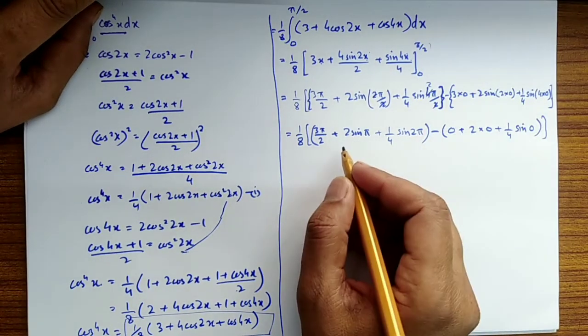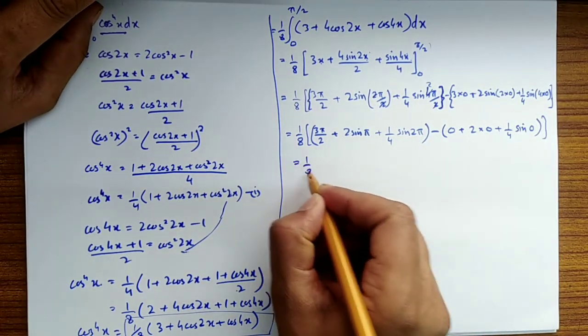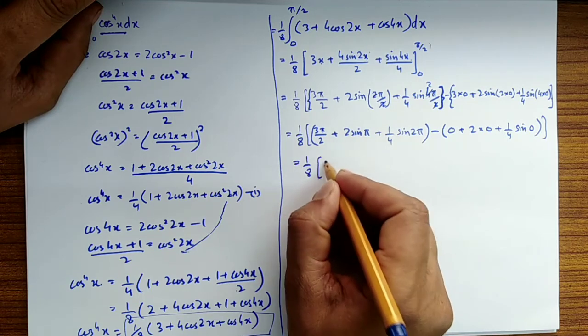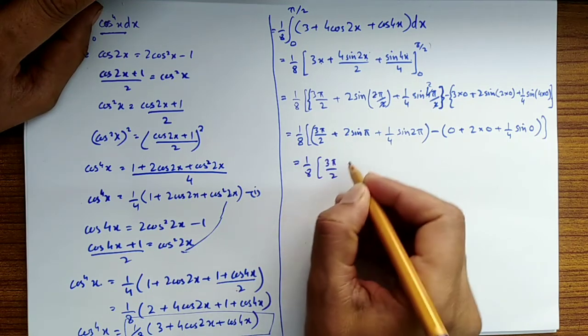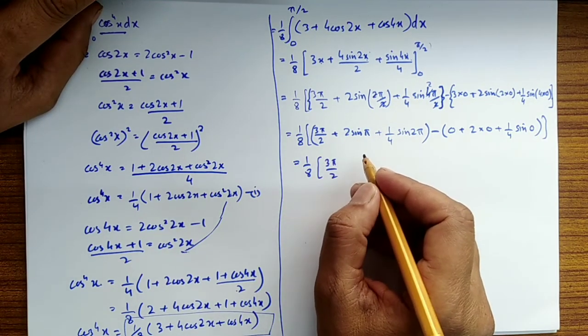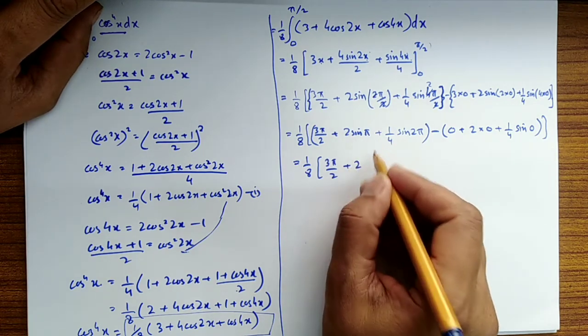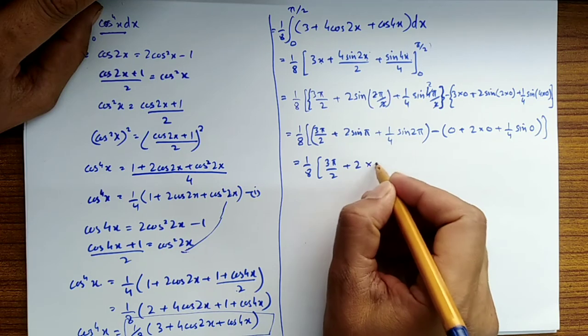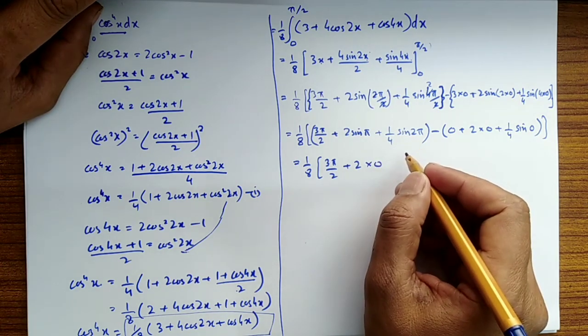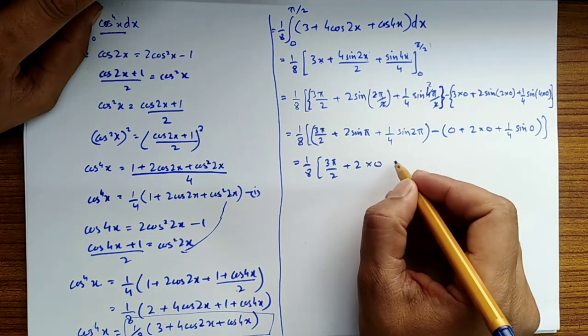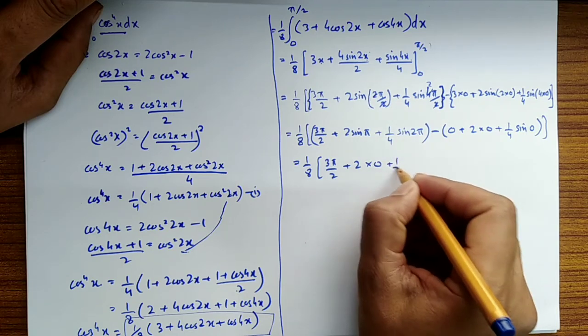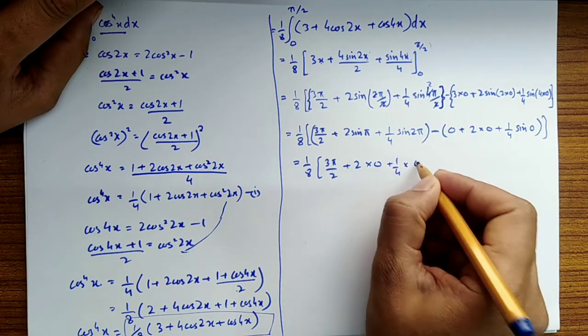So the whole part you can see 1 upon 8. This gives us 3 pi upon 2 plus 2 sine 180 which is also equal to 0, and sine 2 pi is also equal to 0.